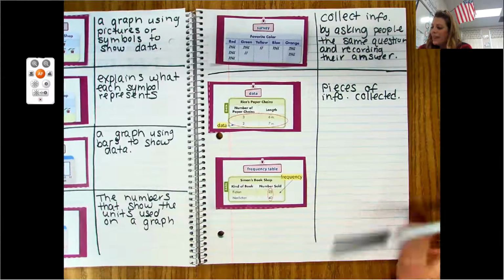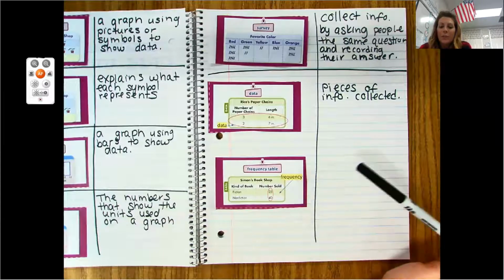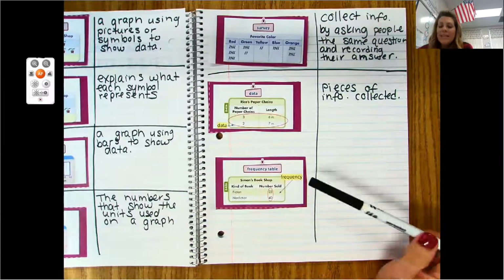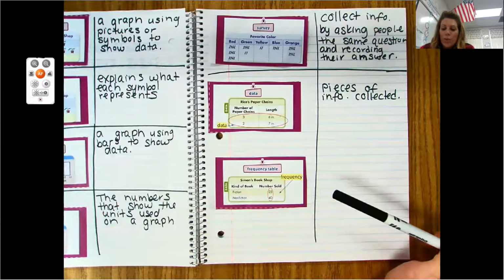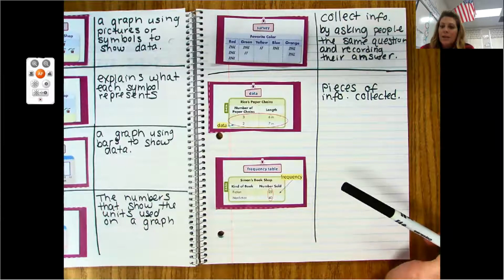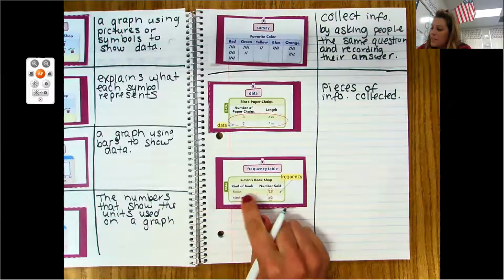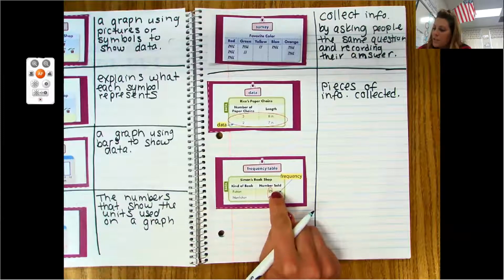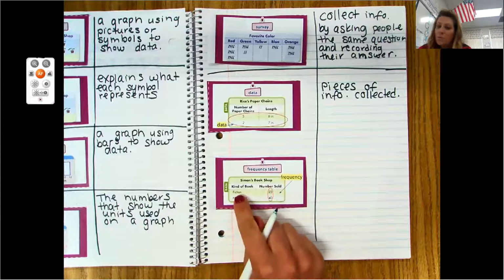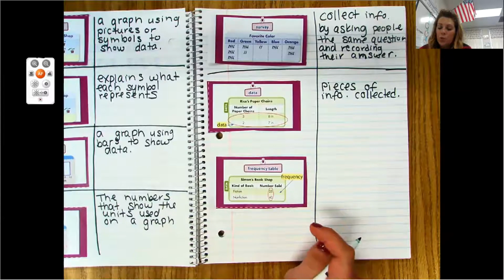Okay, and then the last one we have is something called a frequency table. This table is used to show the number of times something occurs. So if you look here, this is showing the number of times a fiction book and a nonfiction book were sold.